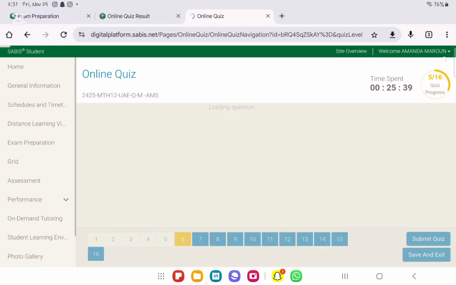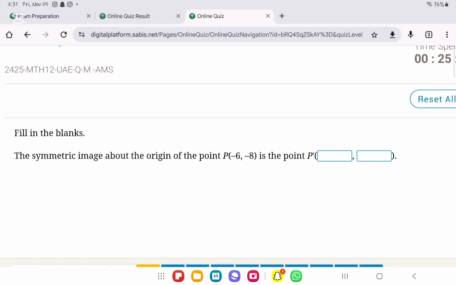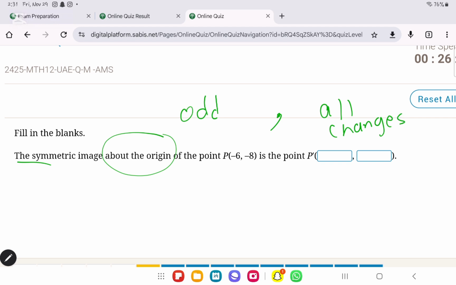Now we move on to the next one, question number 6. The symmetric image about the origin of the point P(minus 6, minus 8) is the point P prime. Okay, this is a very interesting thing. When they're talking about the origin, remember, symmetric about the origin means odd. And in odd, everything changes, the x and y change.